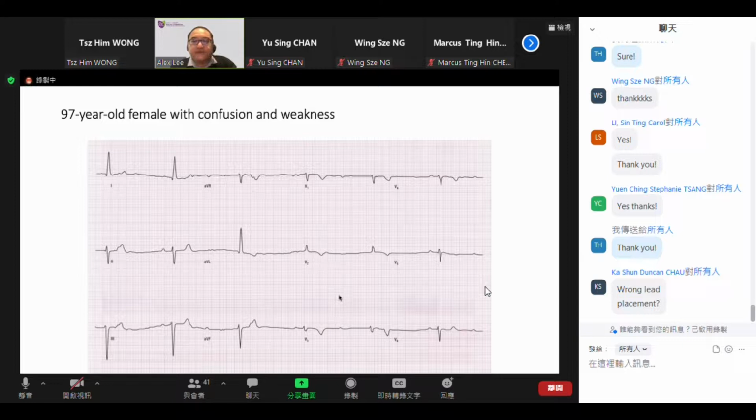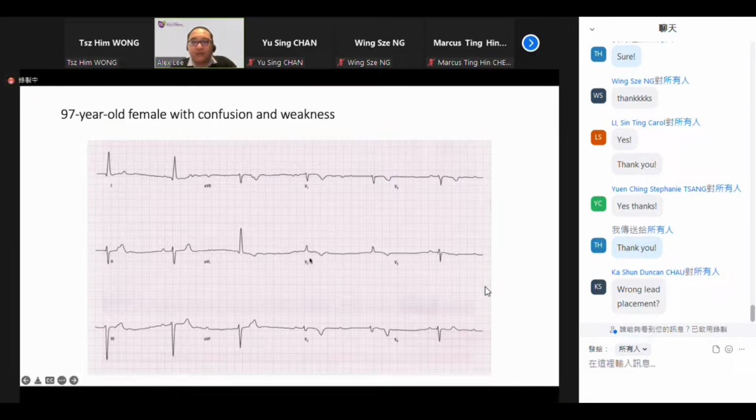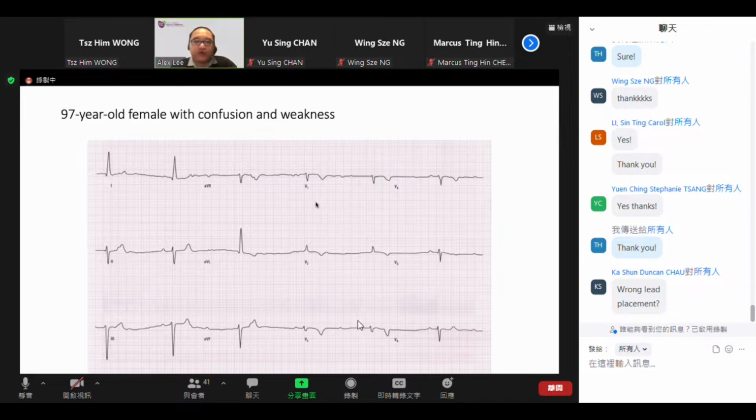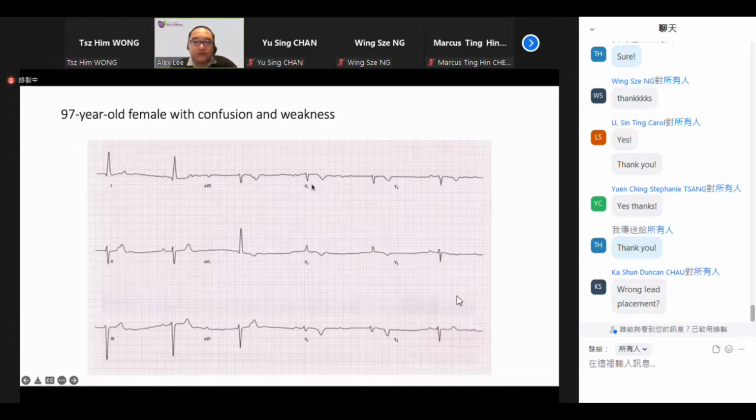You either see a very poor R wave progression, so almost all the leads are negative with no transition, or an early transition with a dominant R wave. Poor R wave progression may be due to myocardial infarction, as you mentioned, or dextrocardia. A dominant R wave can be due to posterior myocardial infarction, pulmonary embolism or right ventricular hypertrophy.